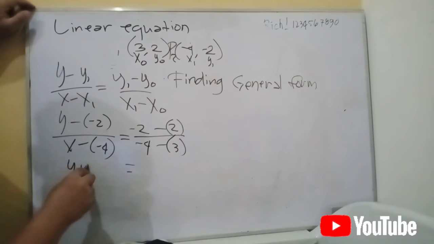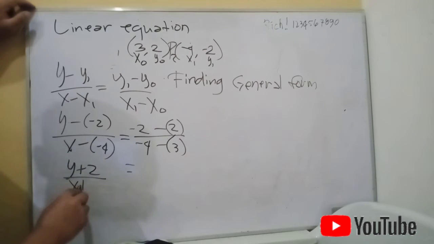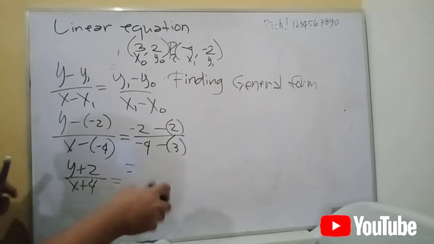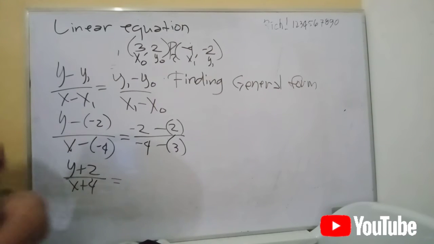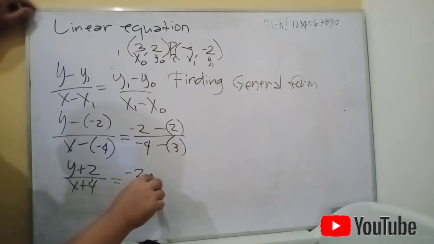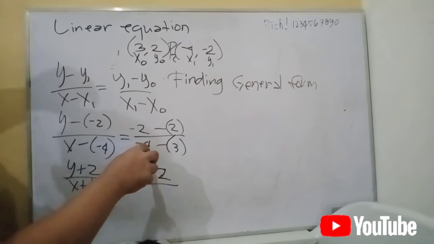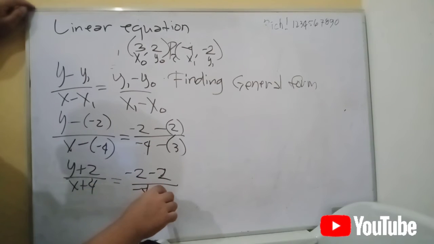So meaning y plus 2 over negative times negative 4, that's x plus 4, equals negative 2 minus 2 over negative 4 minus 3.